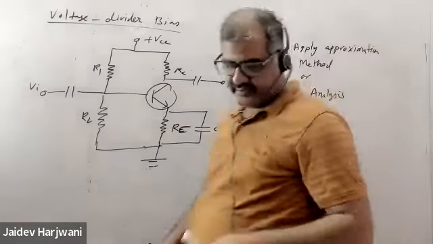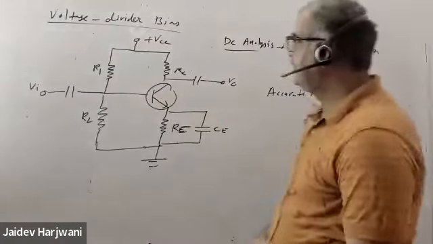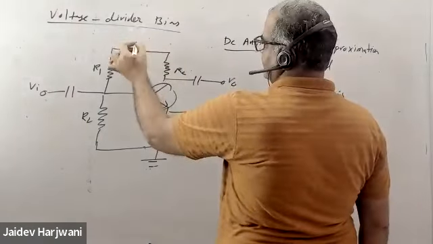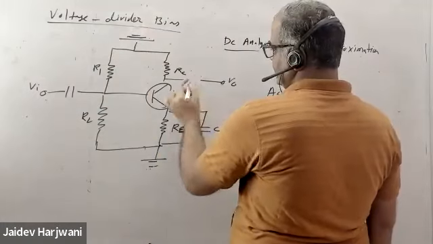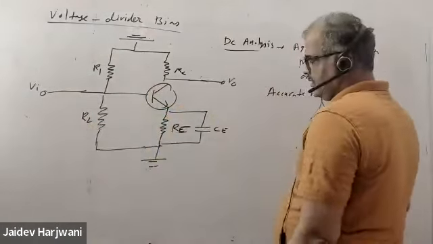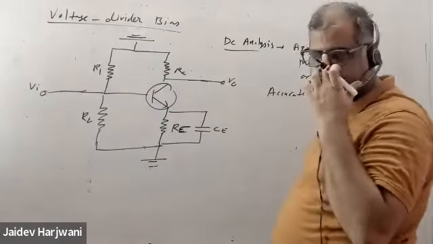Once DC is over, you need to make AC, and for AC you need to make all the VCC grounded. This becomes short. This capacitor becomes short. So when this capacitor becomes short, then what will happen?